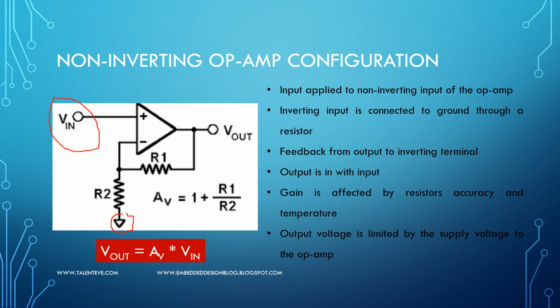So this is how a non-inverting op amp configuration looks like, and one has to remember that in the inverting configuration there is an inverted output, whereas in the non-inverting configuration you don't have such an inverted output.